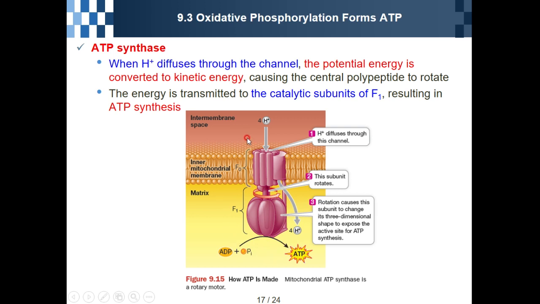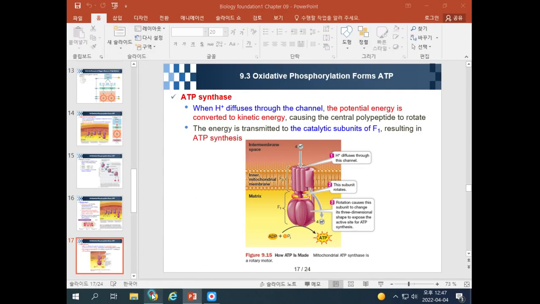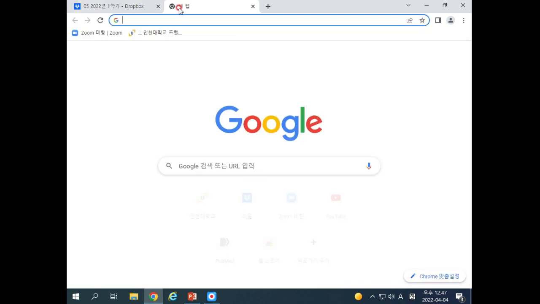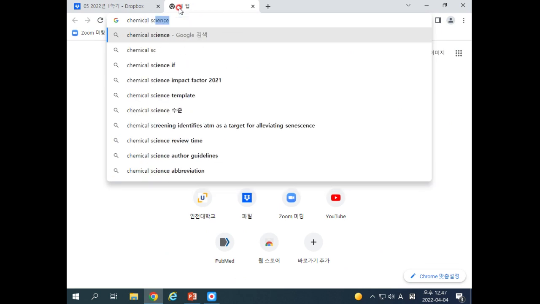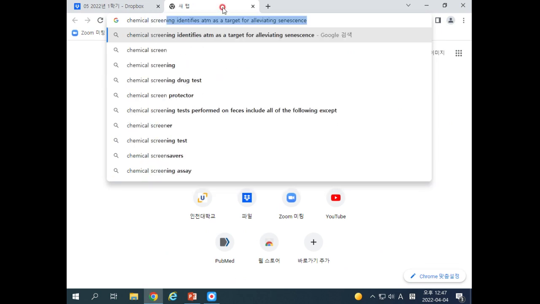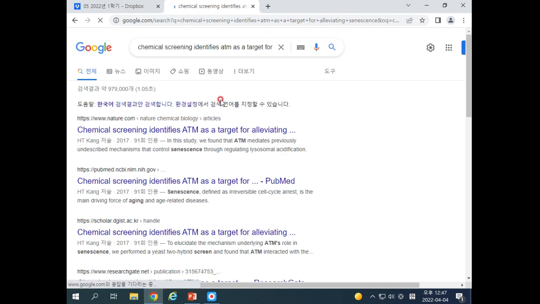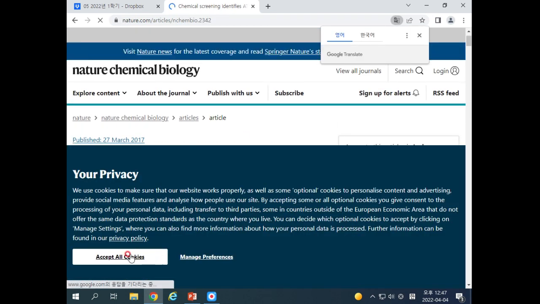Who studied the ATP synthase? Okay. So I published this one in Nature Chemical Biology.